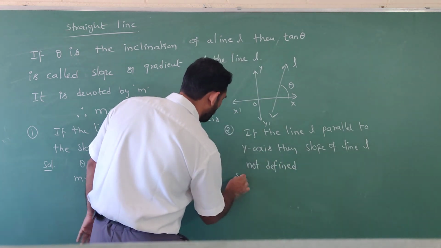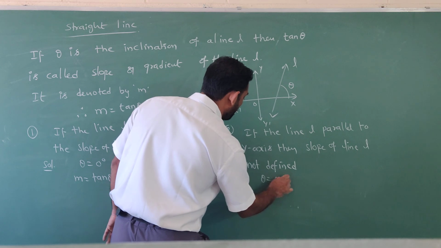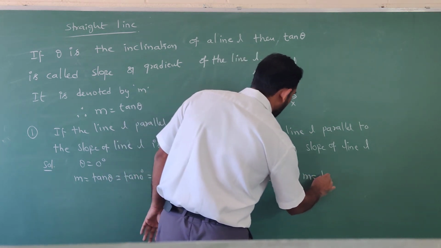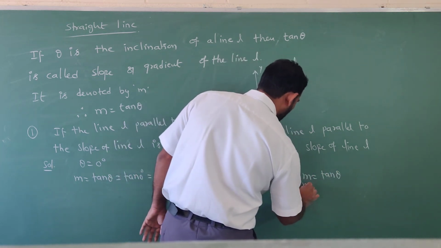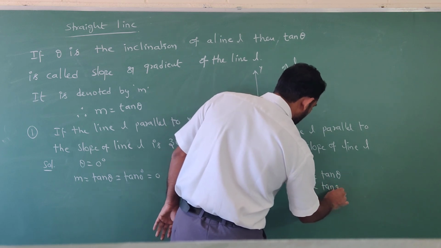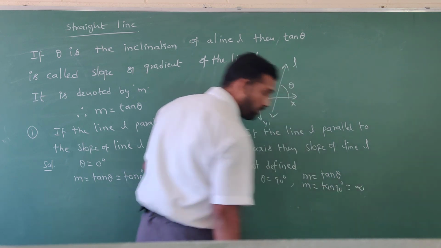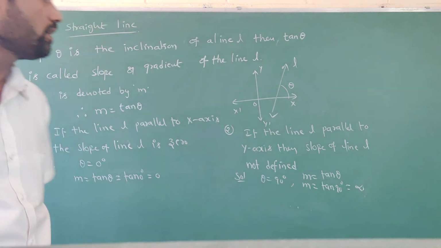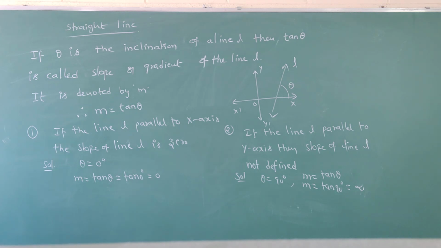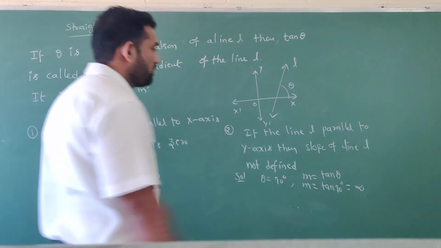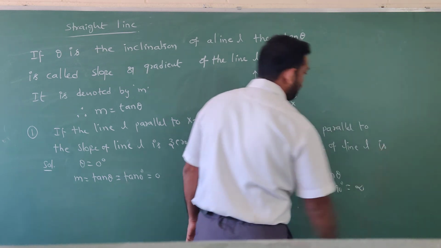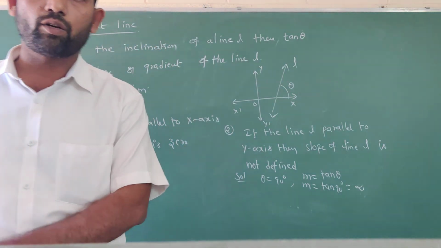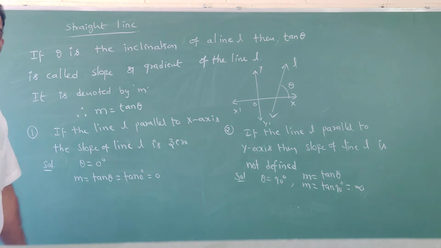Theta is equal to 90 degrees, m is equal to tan theta, so m is equal to tan 90 degrees. Tan 90 degrees is not defined, you know that. So the slope of line L is not defined. That explanation is given below.